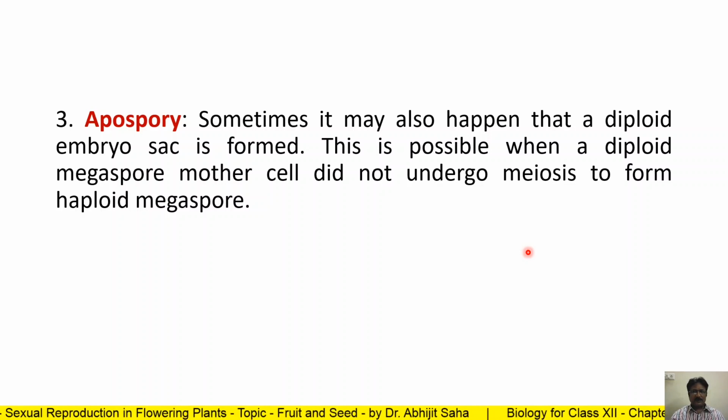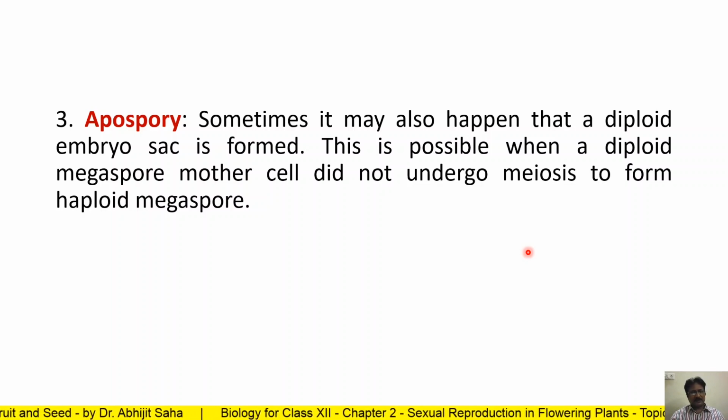When it undergoes meiosis, it forms haploid megaspores, which is the normal process. And the haploid megaspore develops into a haploid embryo sac.